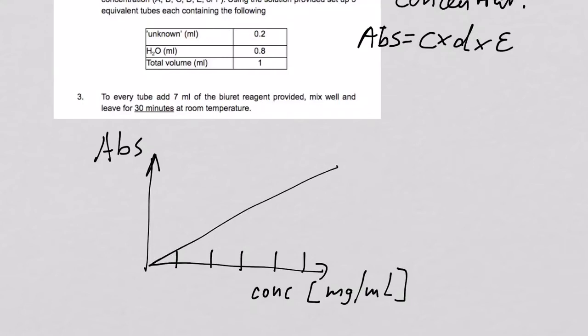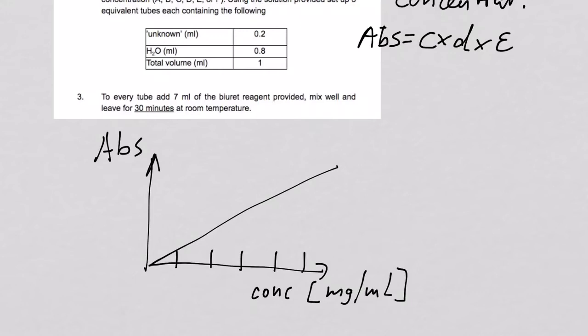We might get a straight line. We might get a standard curve for that. And every line is a curve as well, so instead of saying standard line or something like that, it's a standard curve. And from this standard curve, then, we can easily read off our unknown concentration. Let me do that in a different color.